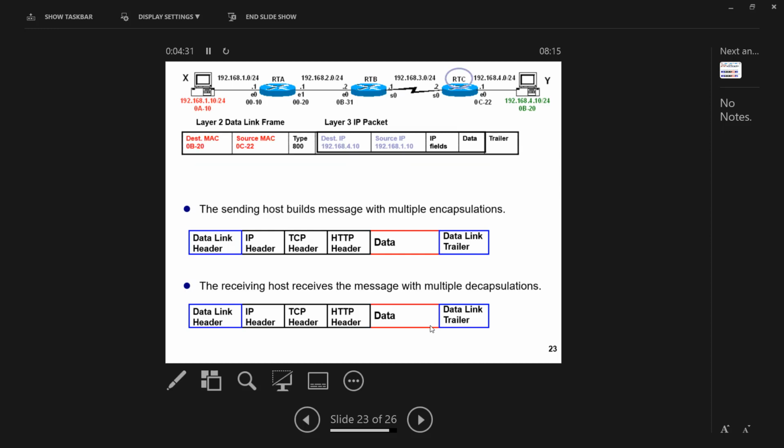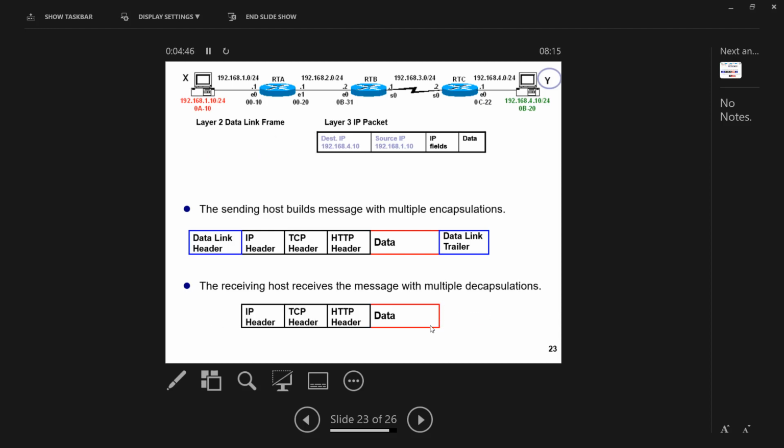But in all cases, the destination and source IP address are fixed because the network layer is responsible for end-to-end delivery, from the source to the destination. Okay. And at the receiver, we'll do the inverse. We remove the data link header, we remove the IP header, we remove the TCP header, and we deliver the data at the end to the application.